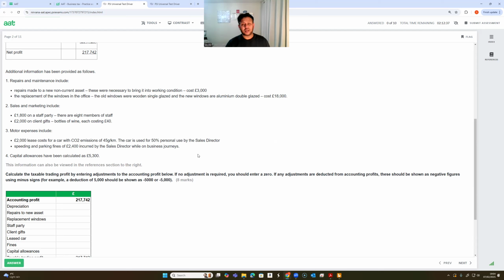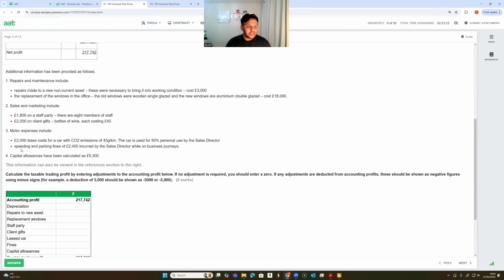But if it is a sole trader or a partnership, with private use and business use, we have to split. So if someone uses 50% for the business and 50% for the personal, we have to split it between 50 and 50. But if it is for the company, we really don't have to split it. So the whole amount will be acceptable.